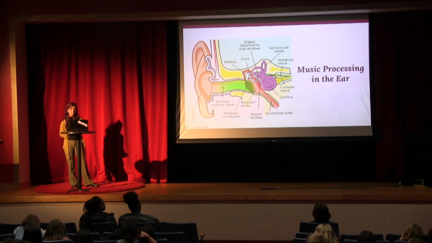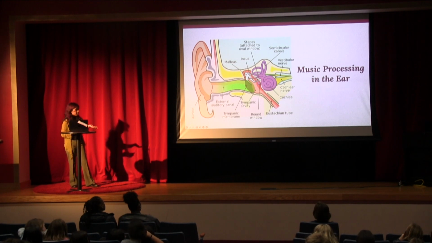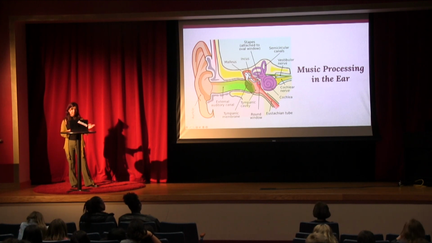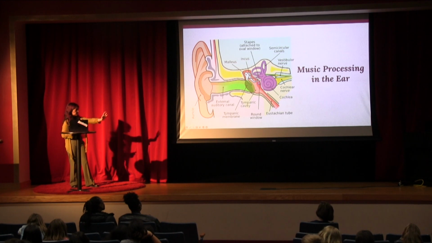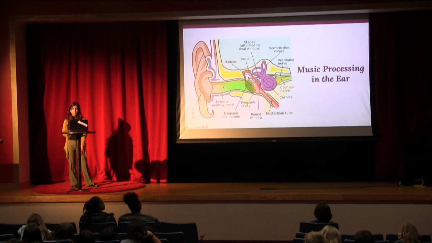Inside the cochlea, there are thousands and thousands of hair cells that can interpret and process the pitch and the tone. They're tuned to specific frequencies, and those vibrations are translated into signals that are then carried up to the auditory cortex through the cochlear nerve system. There you can see the cochlear nerve at the very end of the diagram.